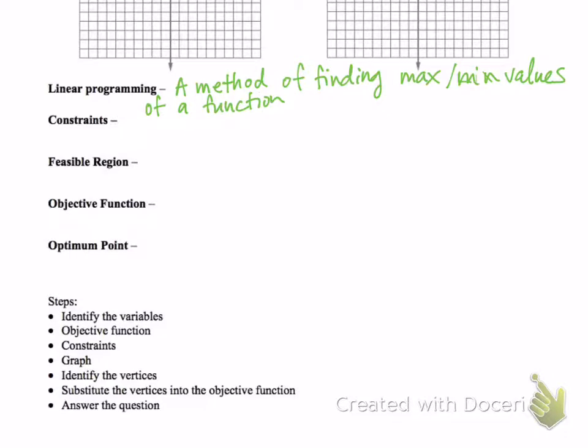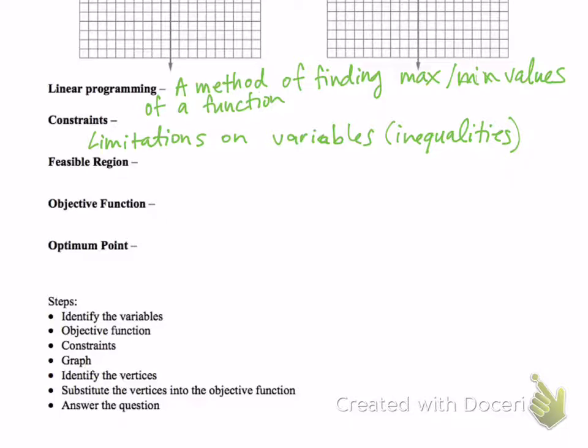So we start with constraints, and constraints are just your inequalities. So those are the limitations on variables, and those are just your inequalities. And sometimes they'll be given to you, and sometimes you have to come up with them yourself.